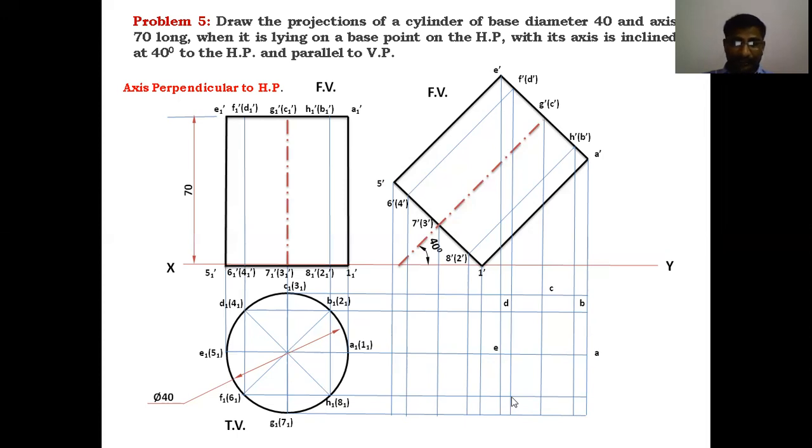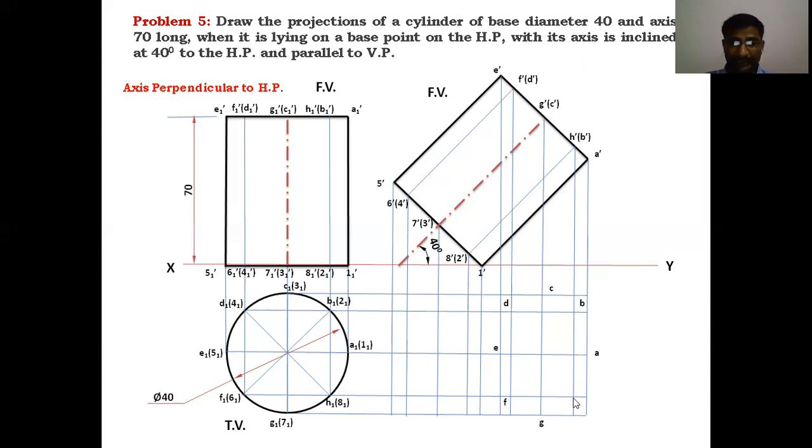Next point is the point F. F is the point of intersection between the F dash line and the F1 line. This is the point. Then the G point, where the G dash line intersects with the G1 line, is located as the G point.